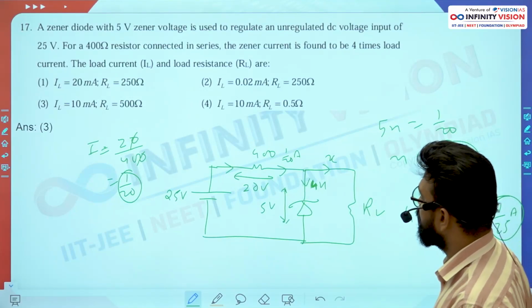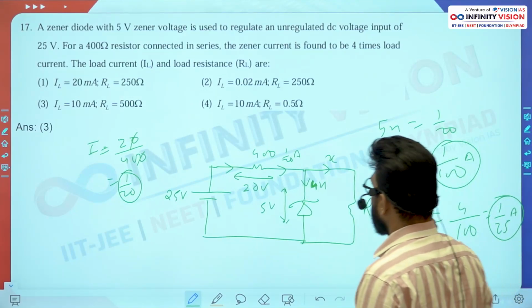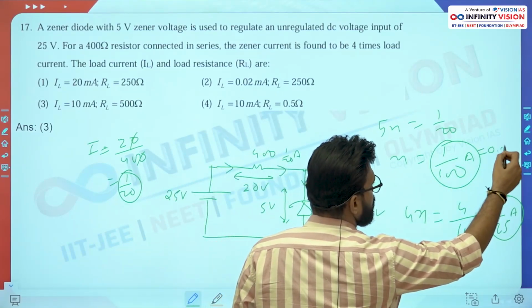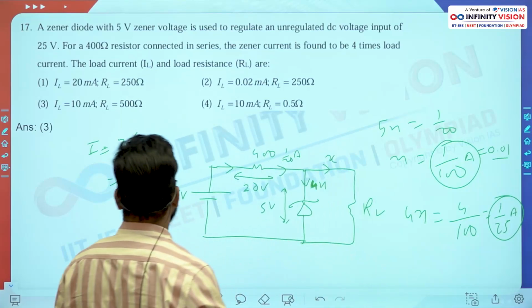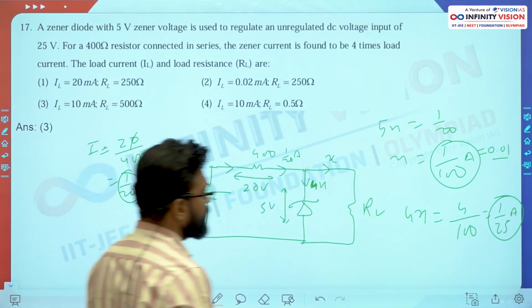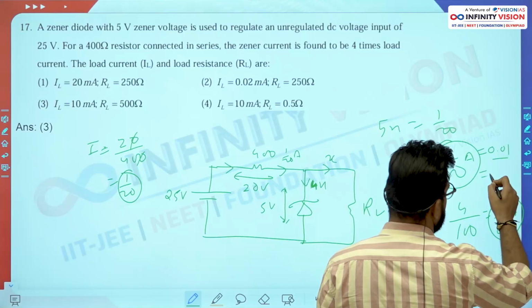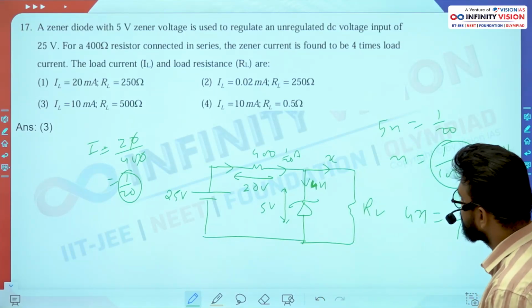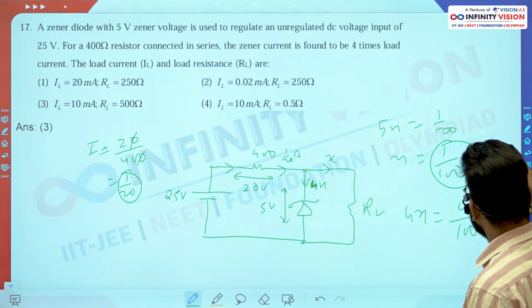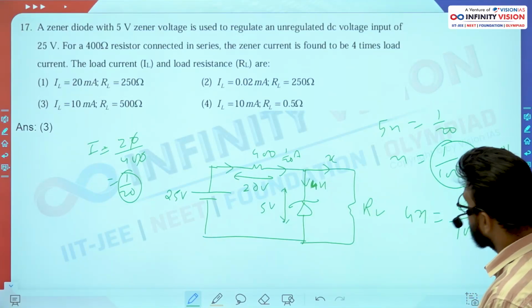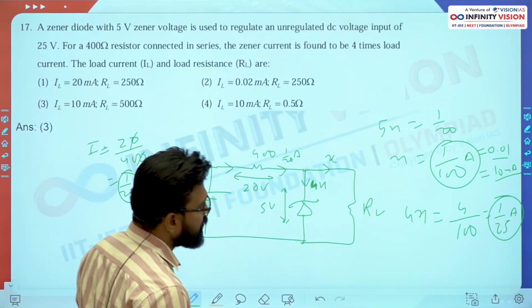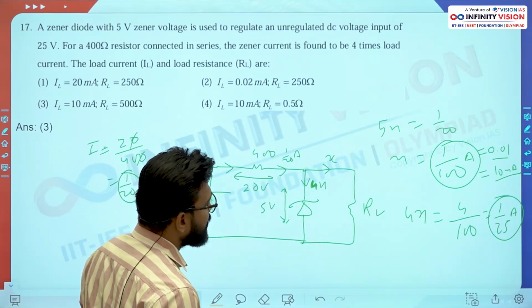So the load current comes out to be 1 by 100 ampere, which is nothing but 0.01 ampere, and this could also be written as 10 milliampere.